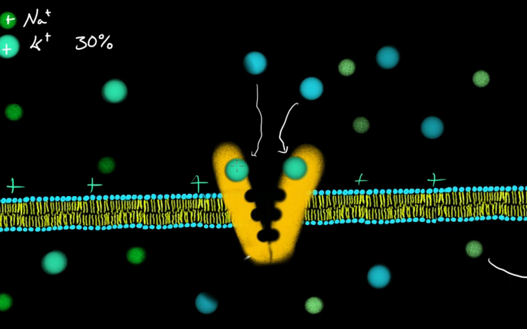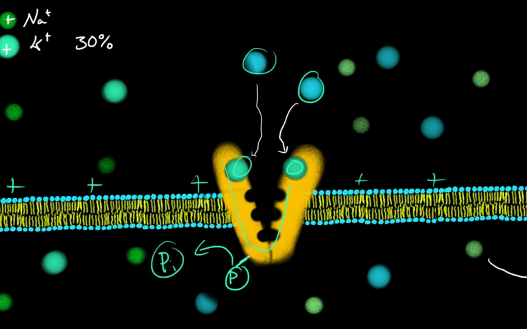And the moment we have these two potassium spots filled, this phosphate group wants to pop off and become inorganic phosphate. The moment it pops off, the pump doesn't want to be in this shape anymore.